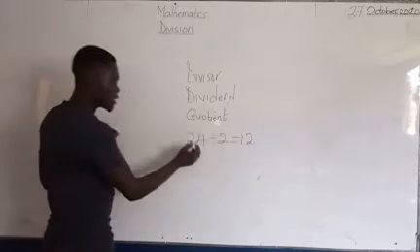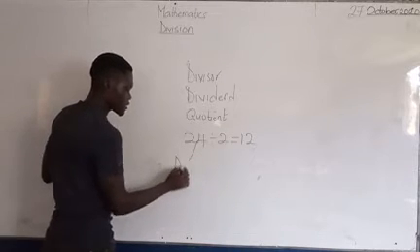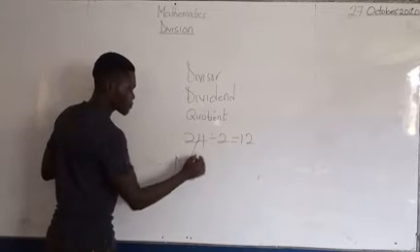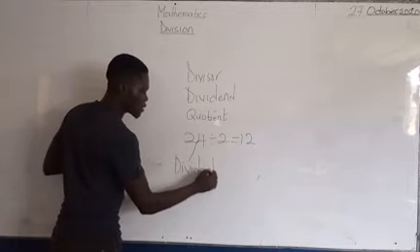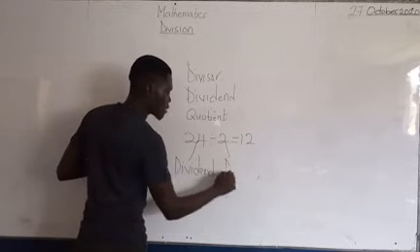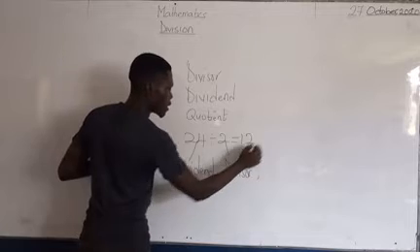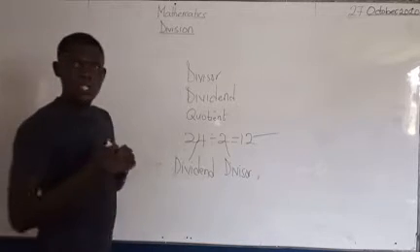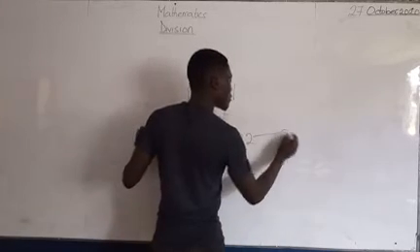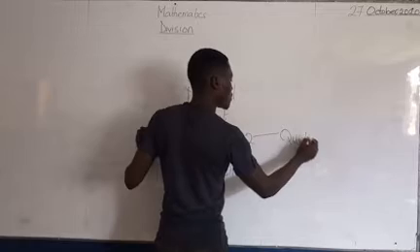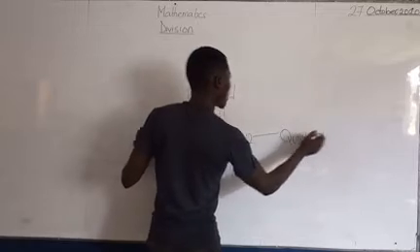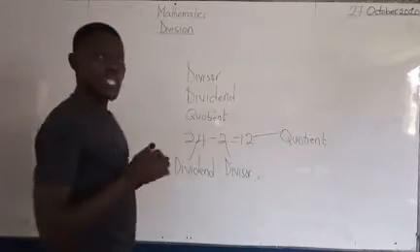And I said this is the dividend, this will be the divisor, and the answer that you get is the quotient.